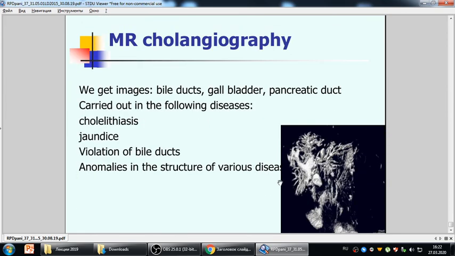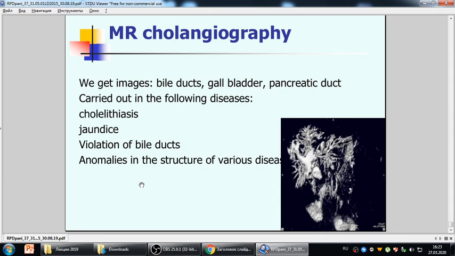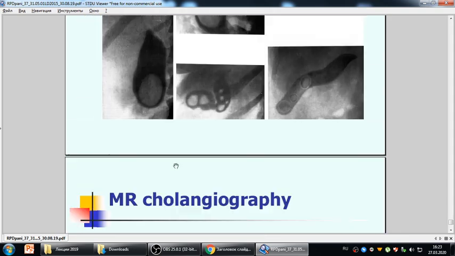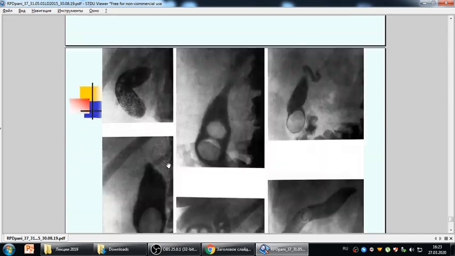Next is the MR cholangiography method. We get images of the bile duct, gallbladder, pancreatic duct, and neighboring organs, and may detect cholelithiasis, jaundice, violation of ducts, anomalies in structure, and various diseases, and of course CT scan.